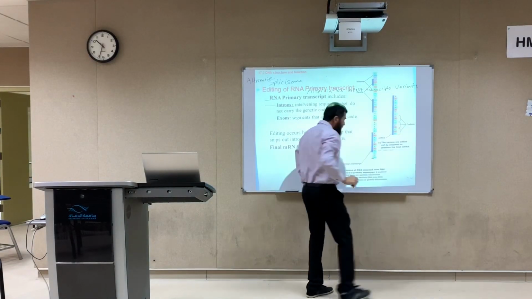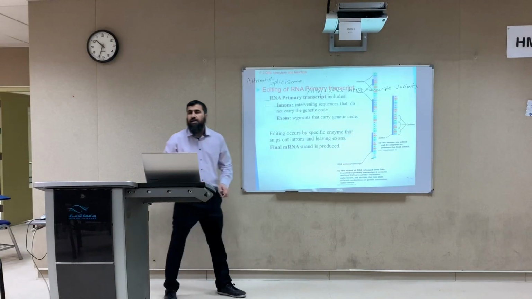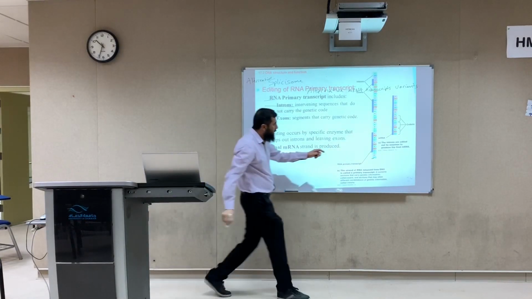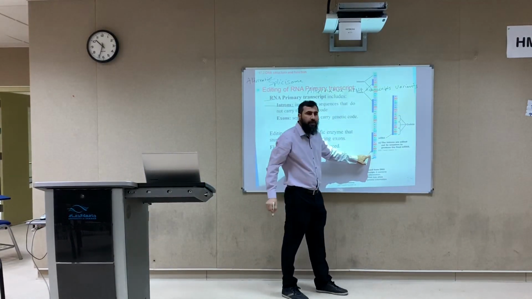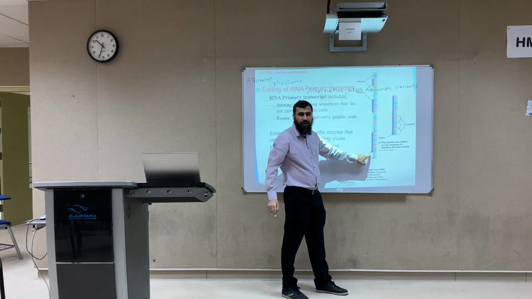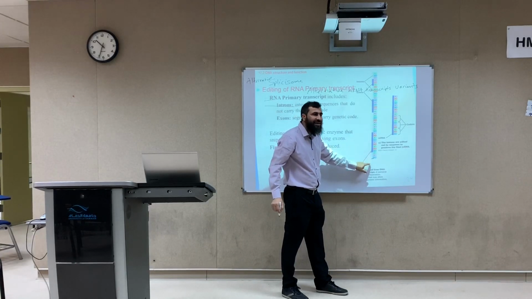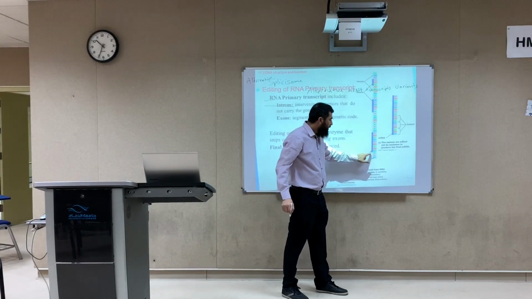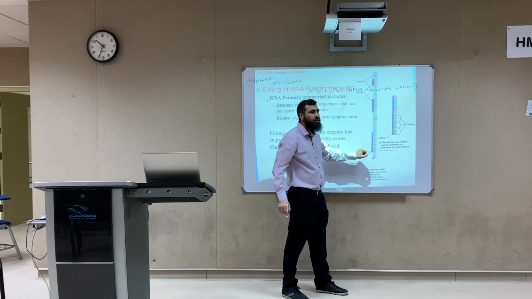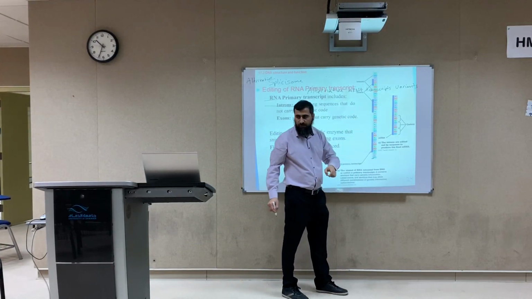So we can get variants of the mRNA transcript by, for example, not splicing out one of the introns, or splicing it in a different place within the intron. So we get different versions of the same transcript. We call that mRNA transcript variants.